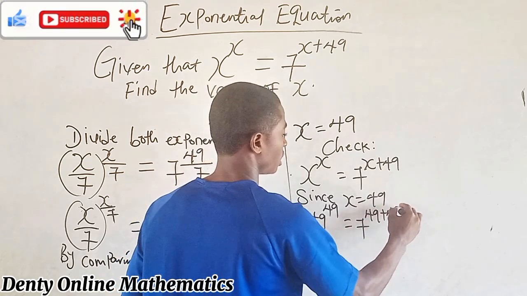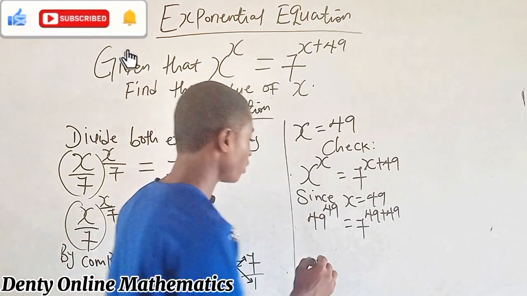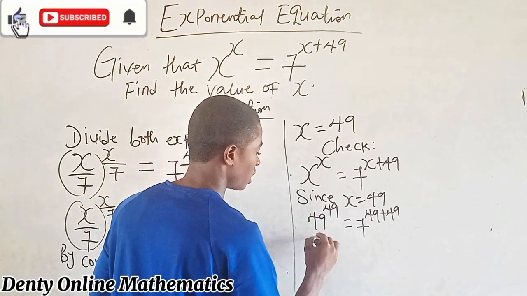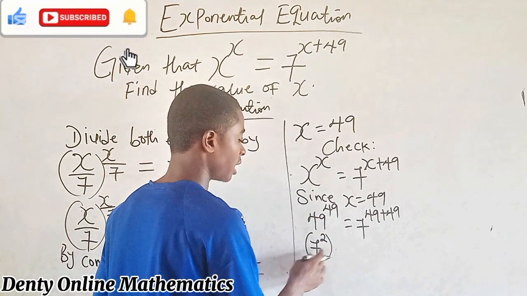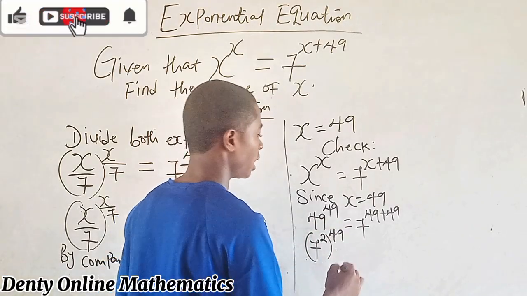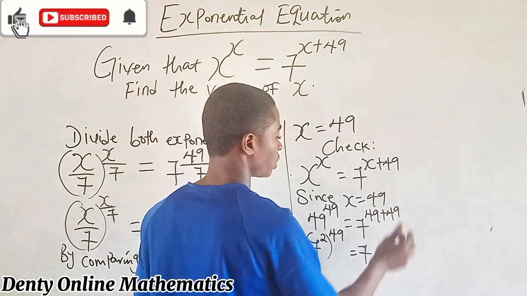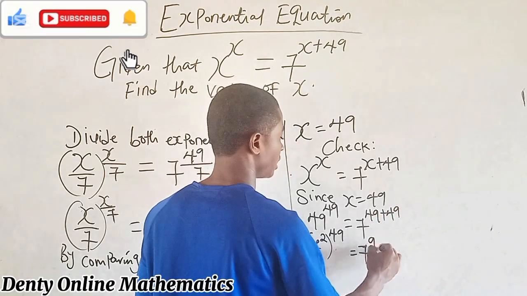49 plus 49. Now 49 can be represented in index form as 7 squared. 7 squared means 7 times 7, which is 49 also. All raised to the power of 49 to be equal to 7 raised to the power of 49 plus 49, which will give us 98.